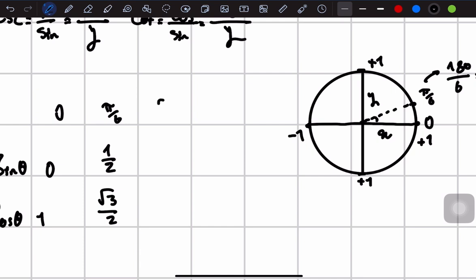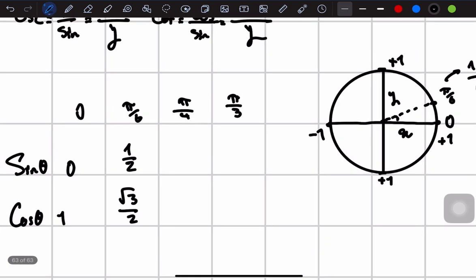And pi over 4. These are the most notable and common angles, so I suggest you memorize them. We have these four. This one would be square root of 2 over 2, and sine of pi over 3 would be square root of 3 over 2.